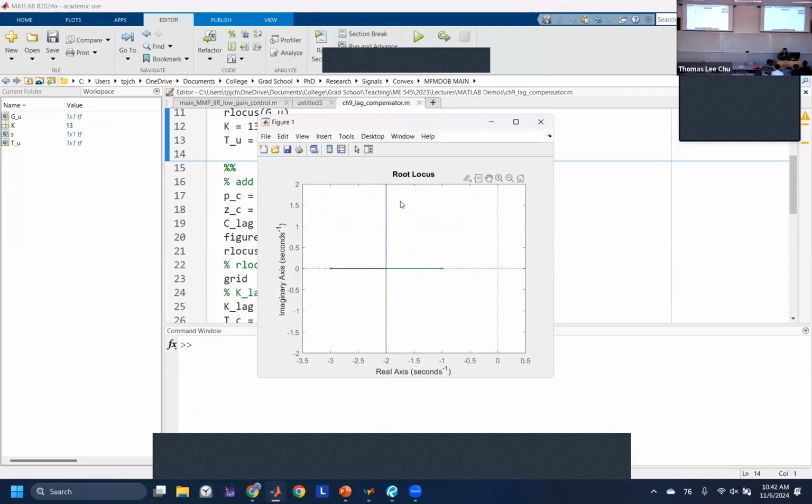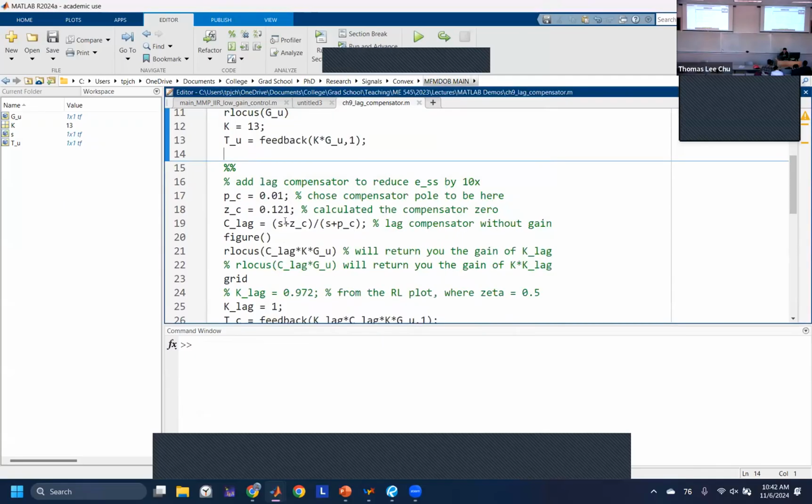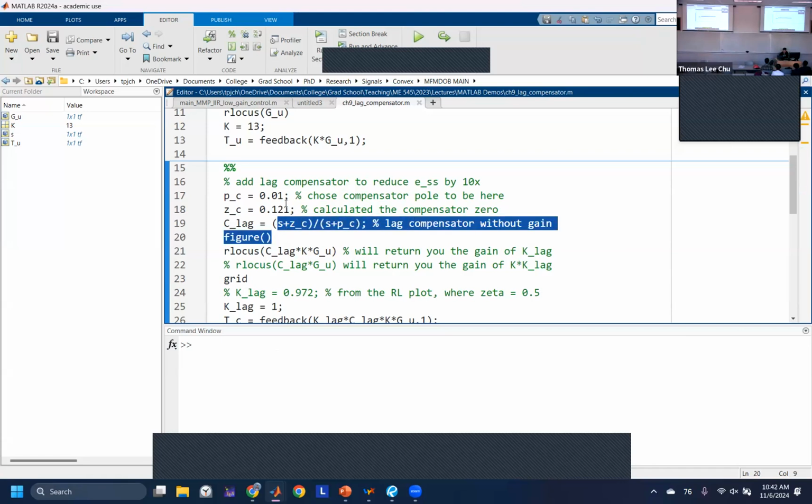It looks similar to the drawing we did. Then we added a pole at 0.1 and a zero at 0.121, and I define my lag compensator as this: S plus ZC divided by S plus PC.